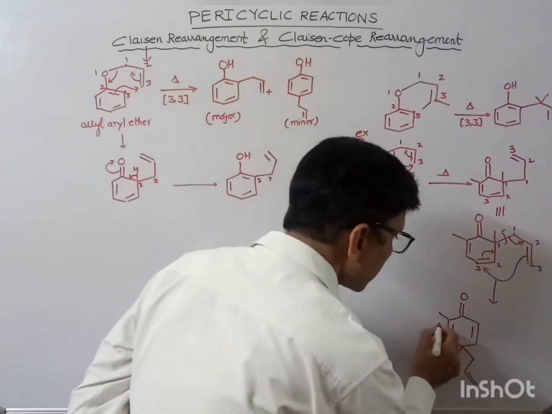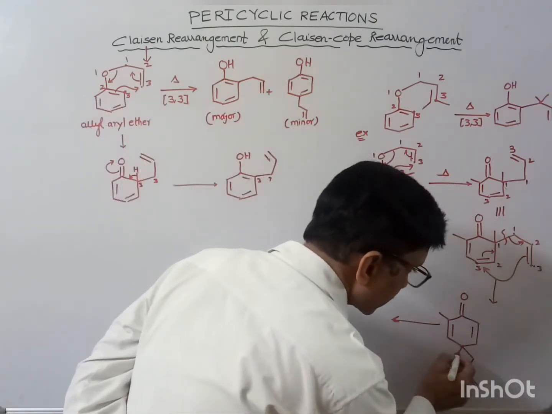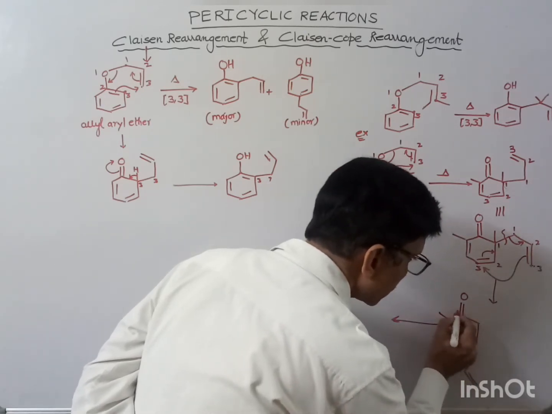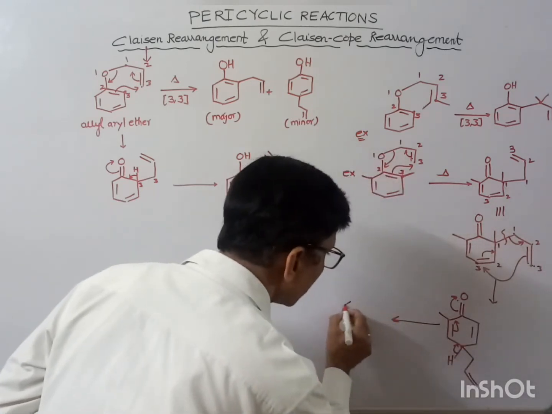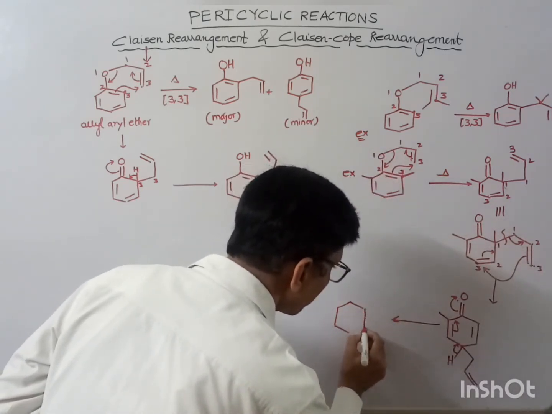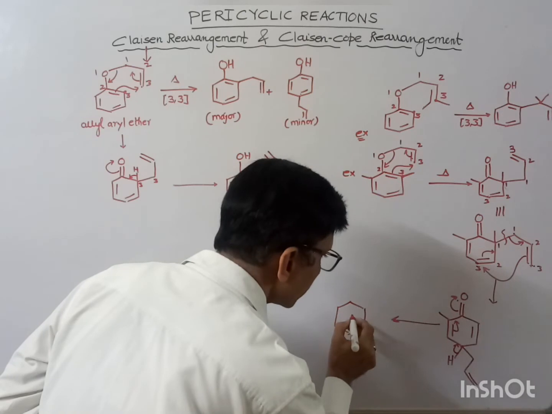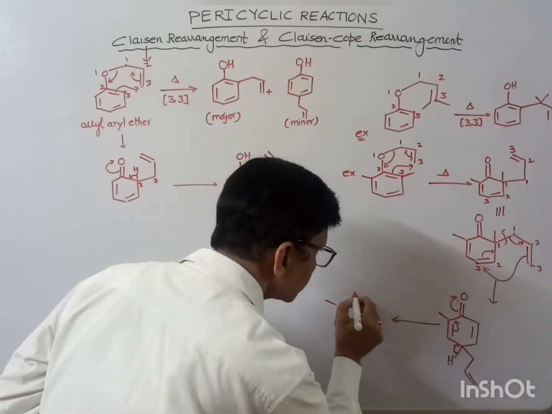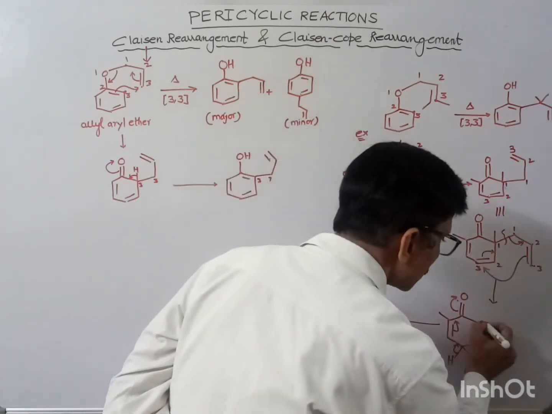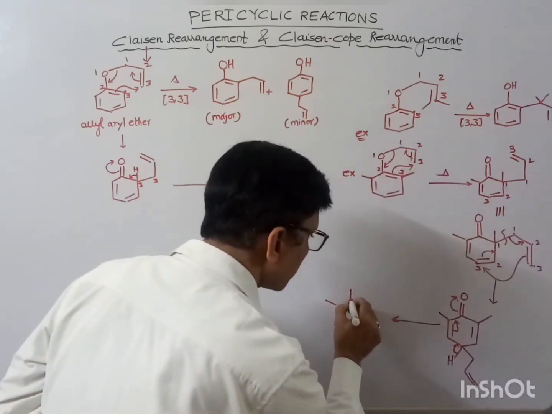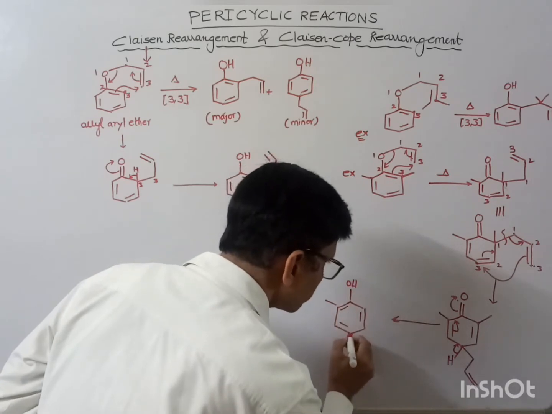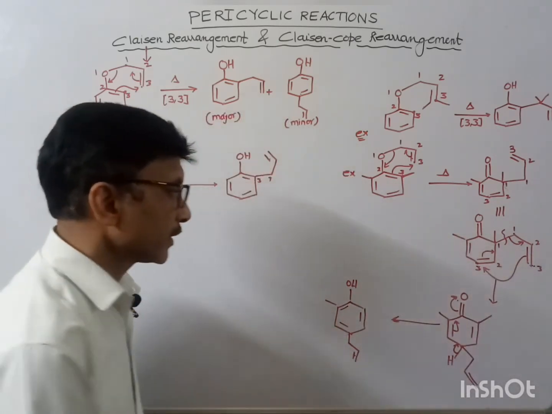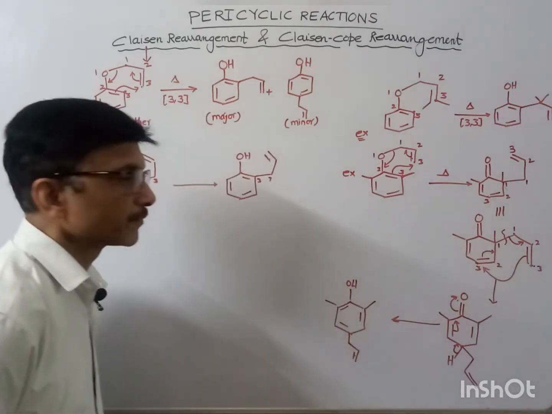Okay, now in the next step, the aromatic character would be regained by the loss of this hydrogen, and we will get a para substituted phenol, if one of the methyl groups is over here. Okay, so this would be the product in this case.